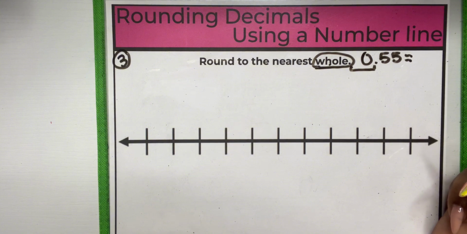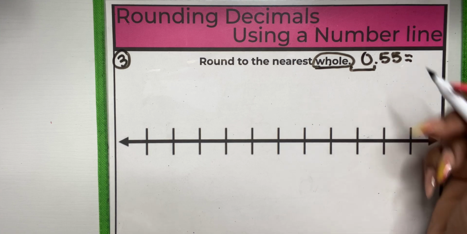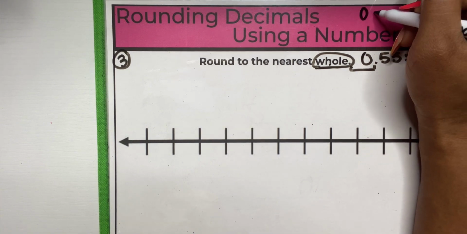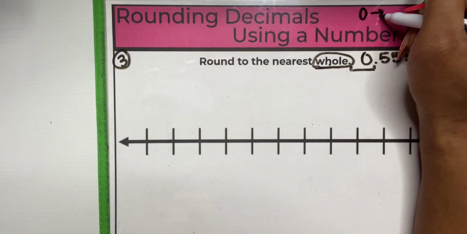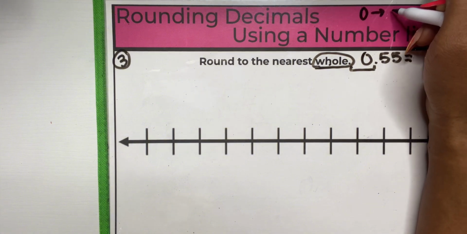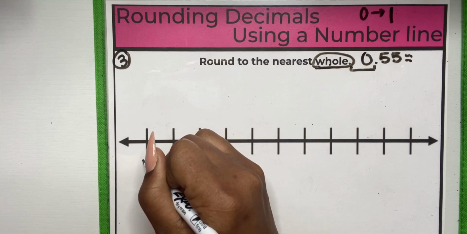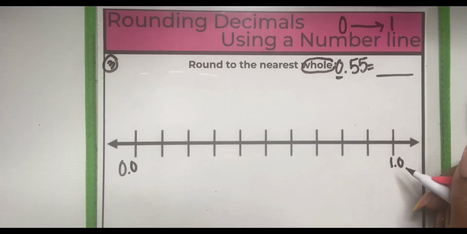Step 1 is to find our range. So we're going to, of course, start with the 0 and go up to the next number. What's after 0? Hopefully you said 1. Here on our number line, let's put 0 and 1.